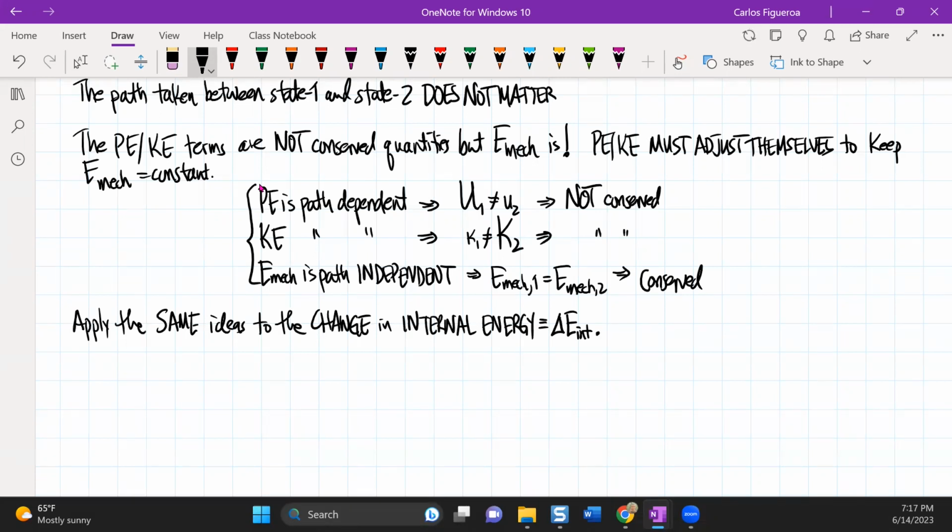But remember that we said the internal energy for an ideal gas is going to be K micro, proportional to the temperature change. That's an important piece to my discussion right now.